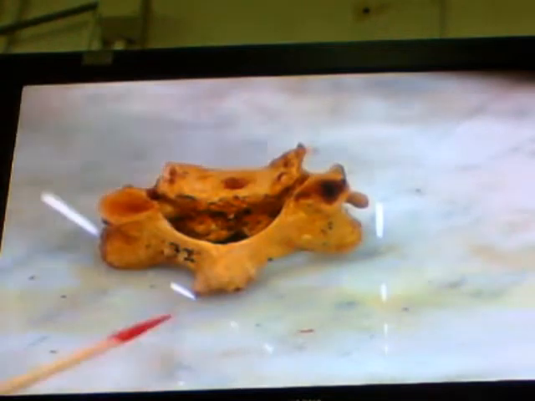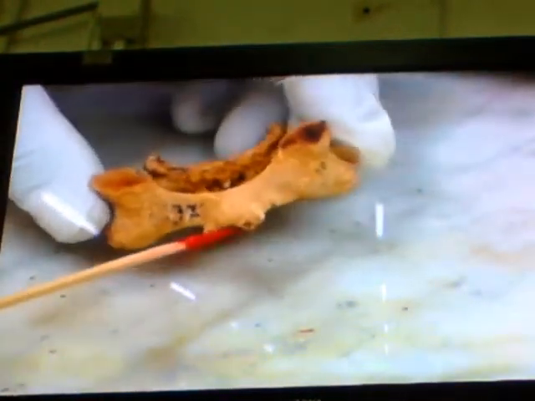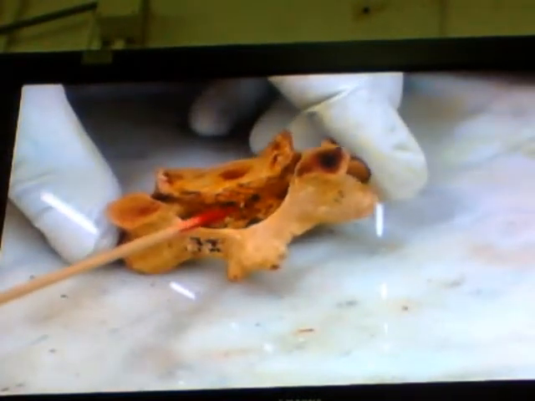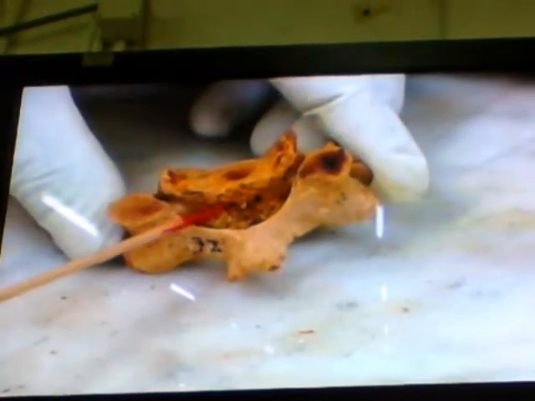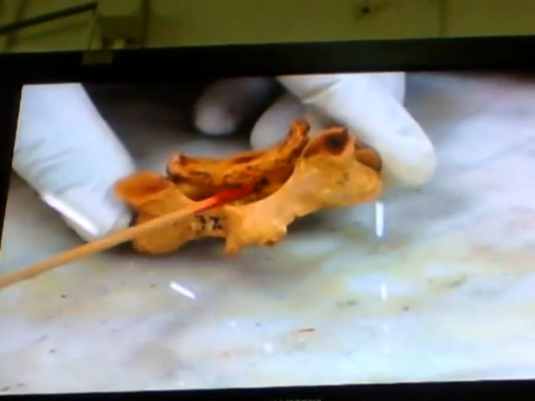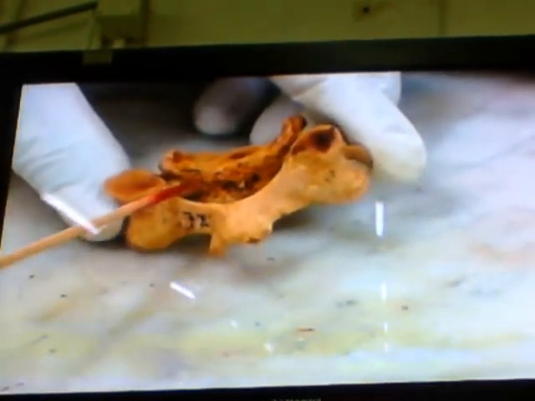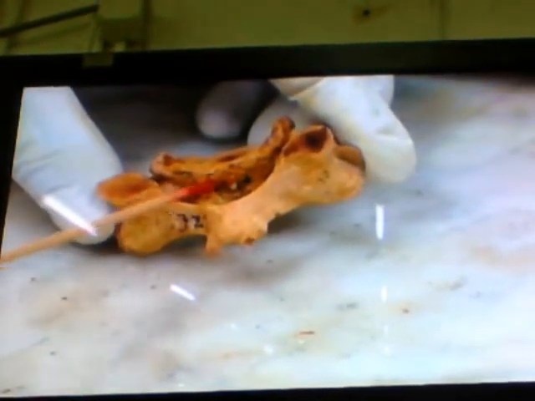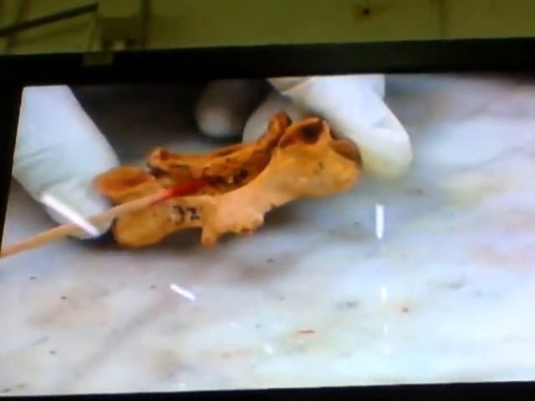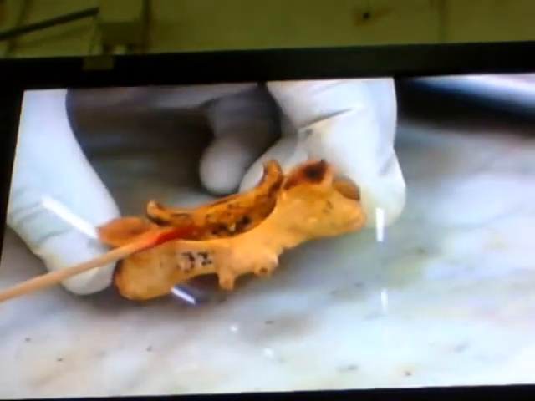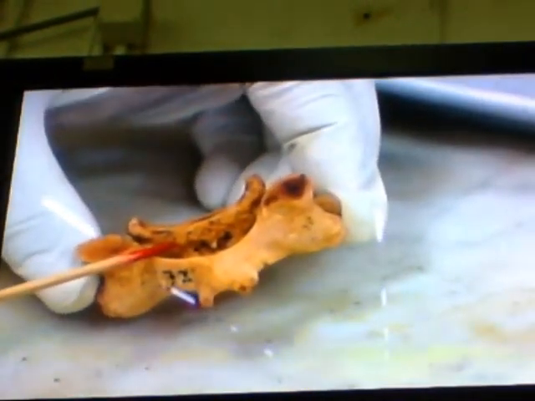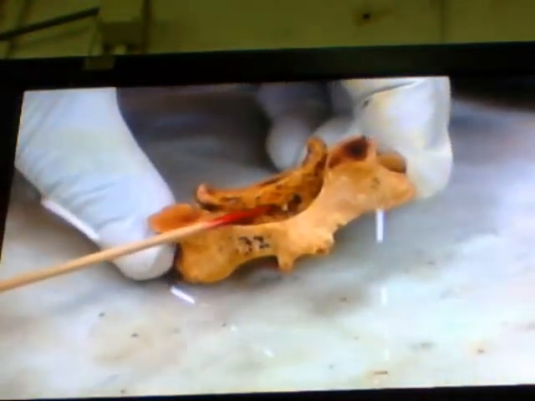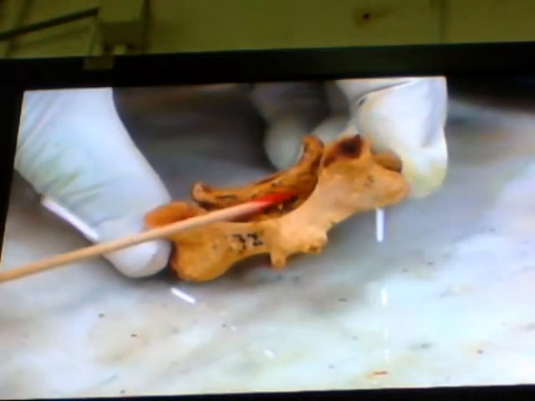Now, if you look at the body of the vertebra, the posterior part of the body is very holey, with a lot of holes inside it. What veins go inside it? Very good, the basivertebral veins. Tell me one feature of these basivertebral veins.